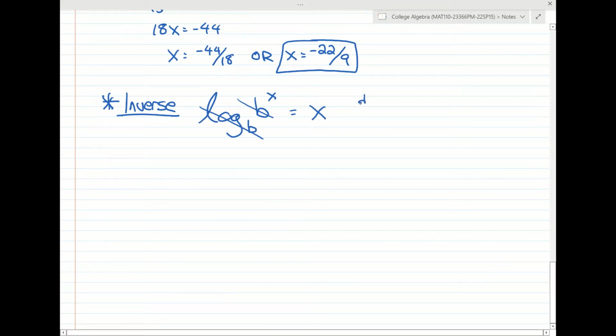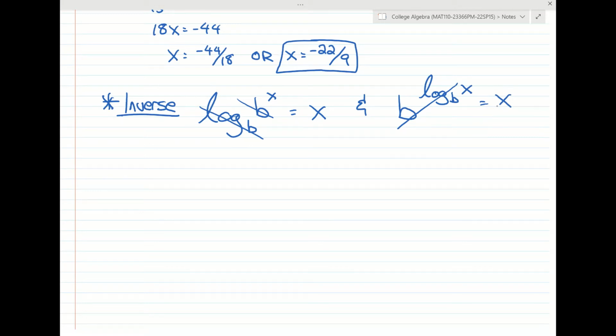Similarly, if you had b to the log base b of x power, these would cancel and you would just get x. We're going to use the translation and the inverse property to do new problems here.